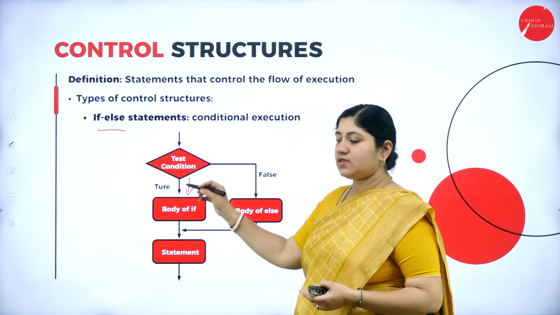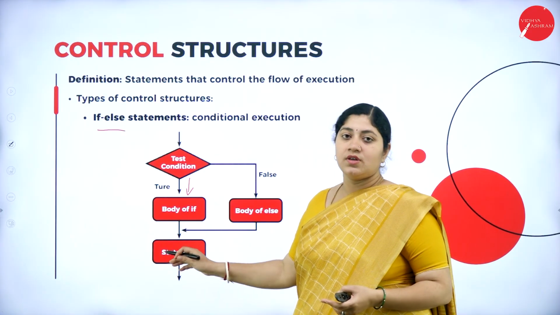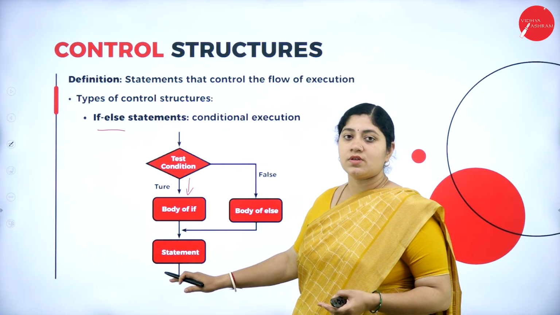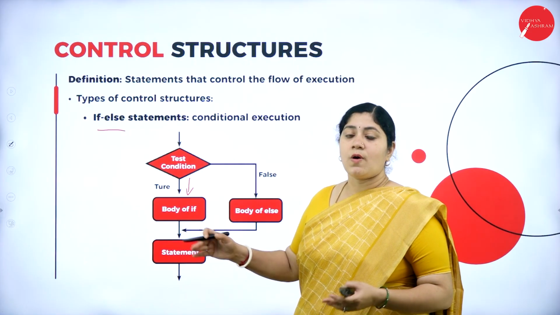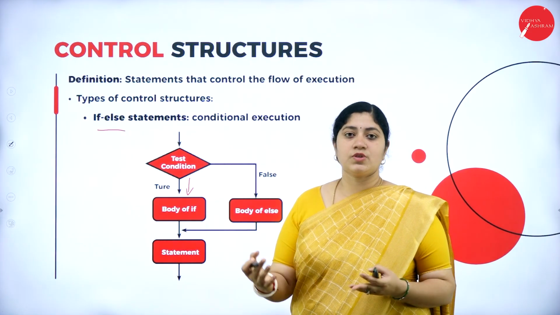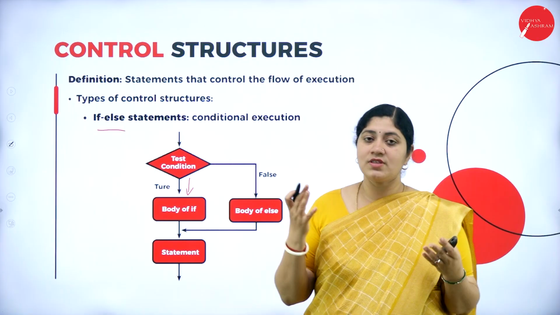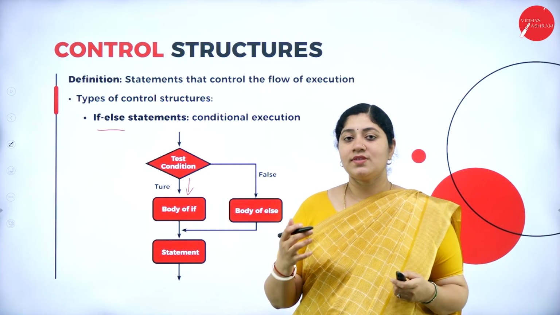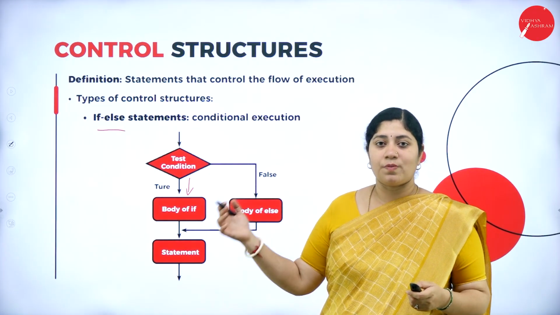Finally, it gets back to the last statement, or we can also say it will jump to the next part of the program which is controlled. So this is the if-else statement operation.